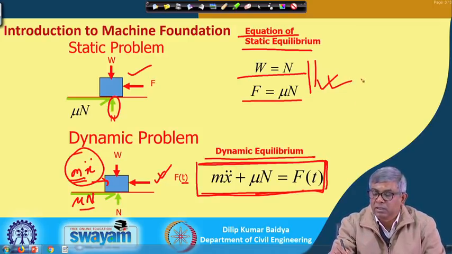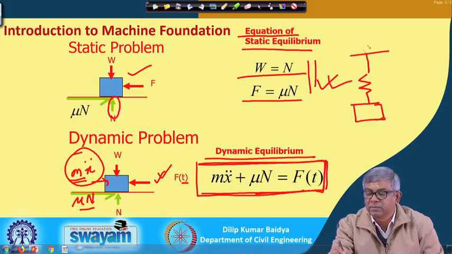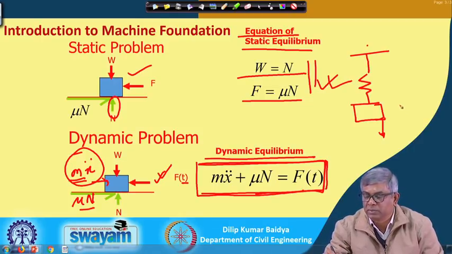Similarly, if we visualize a spring and a mass resting here, fixed at one end, and you give an initial displacement and then leave it, then also it will create a dynamic system. Why is it so?